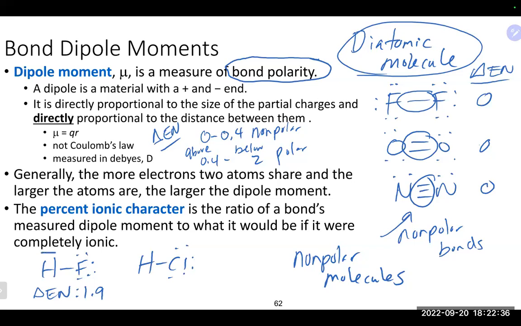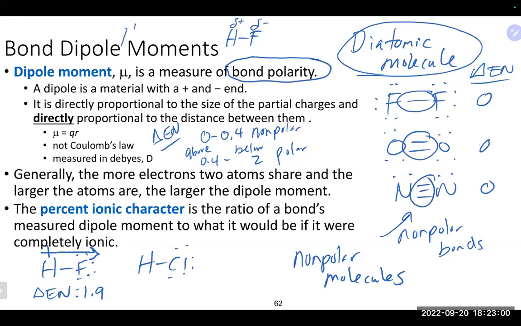Pointing towards fluorine. Yes, that is the more electronegative element there. And what that means in terms of our HF, once again, is the fluorine takes on a partially negative charge and a partially positive charge there on the hydrogen.